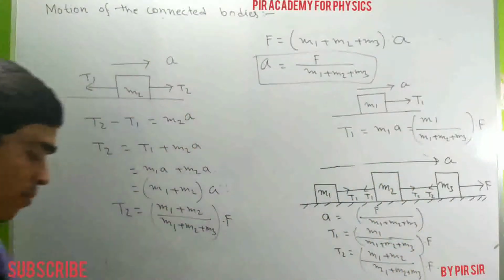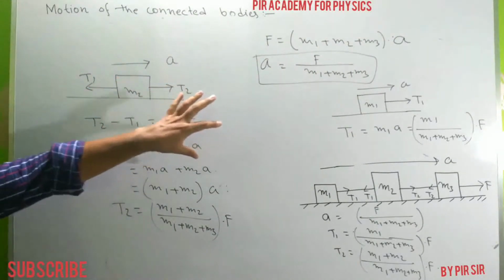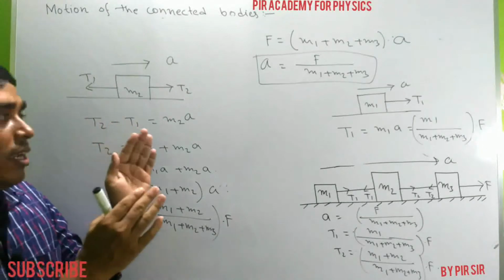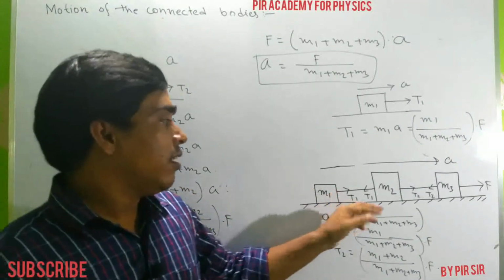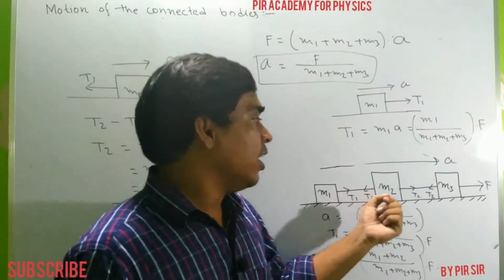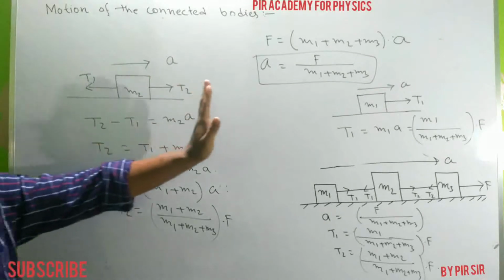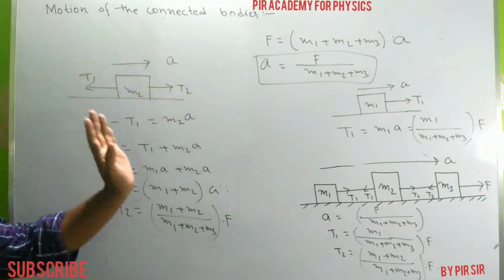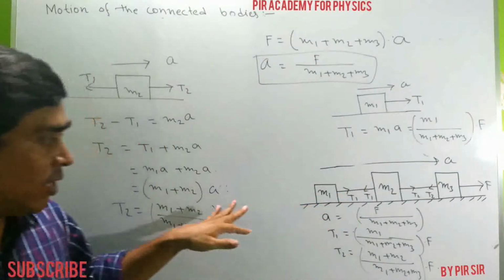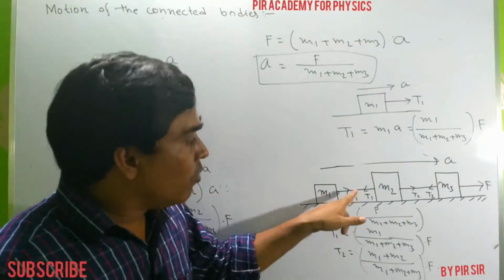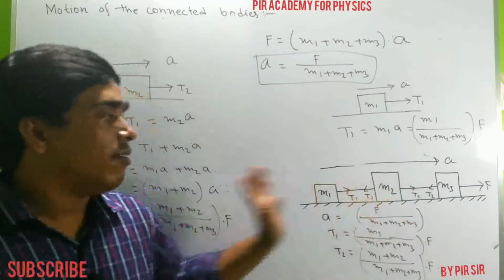This is the problem related to the motion of connected bodies. That means bodies in direct contact with each other, and also bodies connected by a string. You have to calculate the acceleration of this system and the force exerted by one mass on the other. For bodies connected with a string, you also calculate the tension of the wire or string.